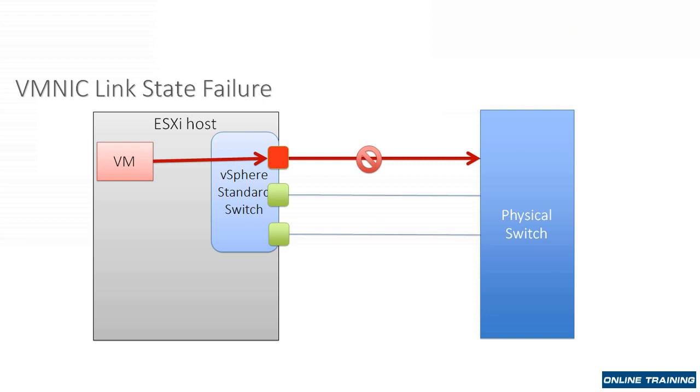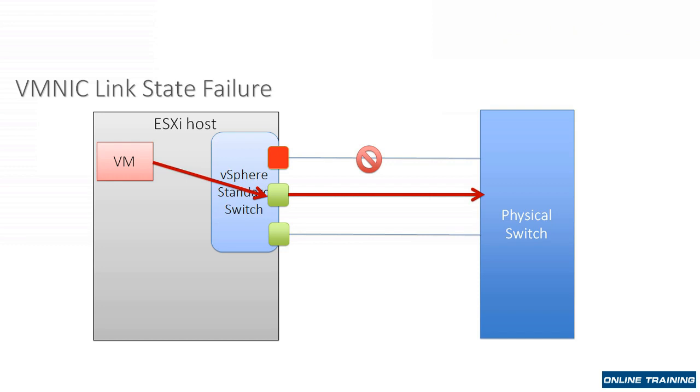It can't connect to the physical switch, and so my VM is going to be affected as a result, because my VM was using that physical adapter. But this is actually a really easy failure for the ESXi host to detect. And when that connection fails and that link light changes from green to red, the ESXi host will simply migrate the traffic of that VM to a different physical adapter.